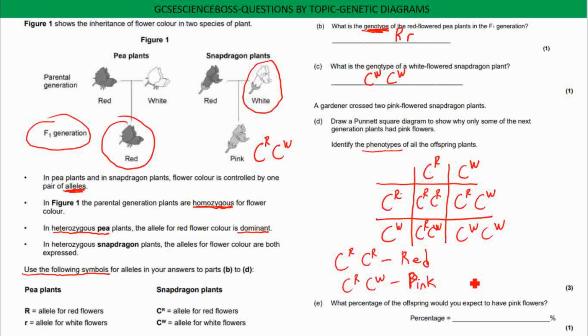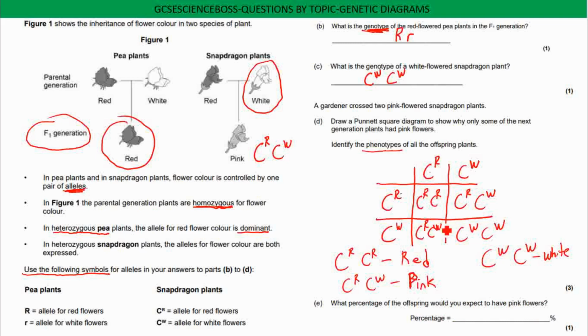One of my favorite colors actually is pink, believe it or not. And then your next one is CWCW, and that is going to be white. Too easy, 3 marks. Not difficult.